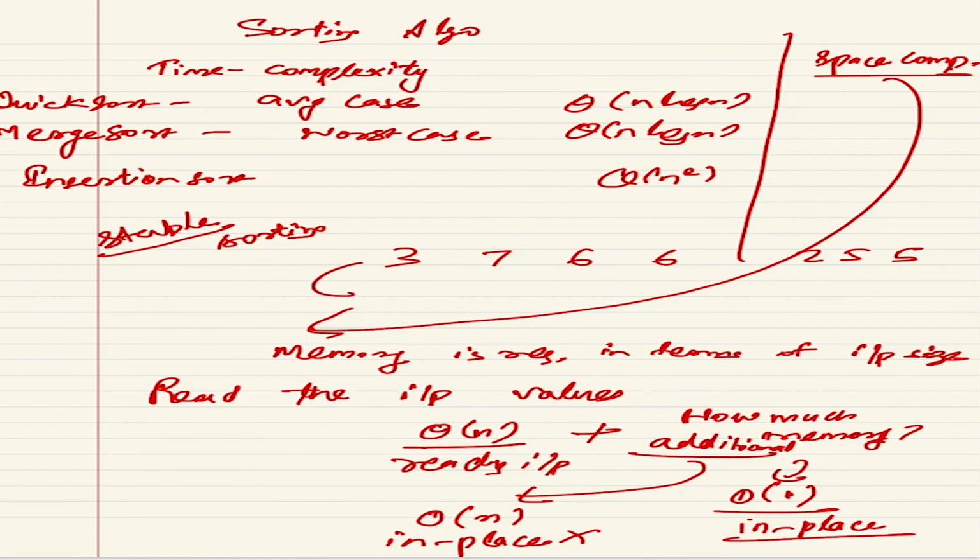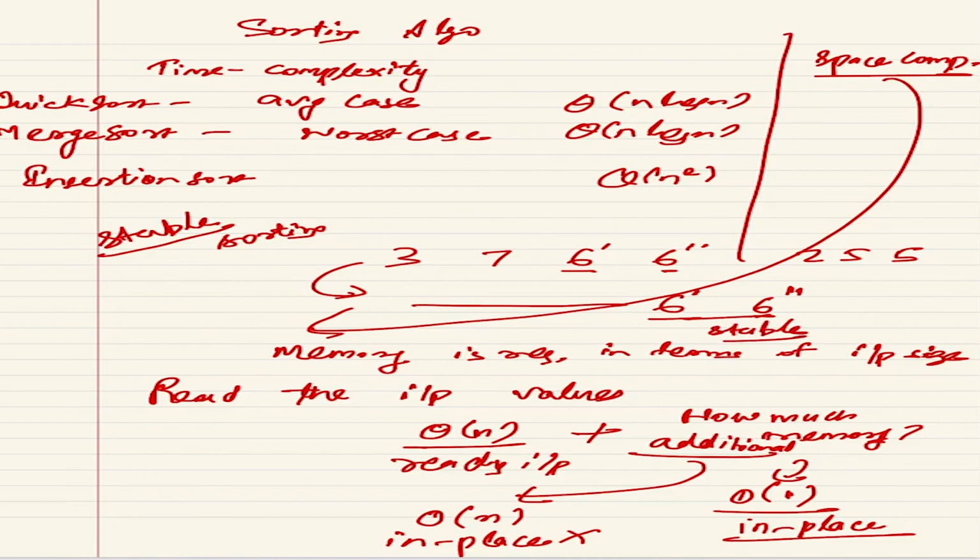Now when you try to sort it in increasing order, say these two 6s, let's call them 6 prime and 6 double prime. If the sorting algorithm maintains the same order between the elements having the same key, so that in the sorted order 6 prime always comes before 6 double prime, then this is stable sorting.